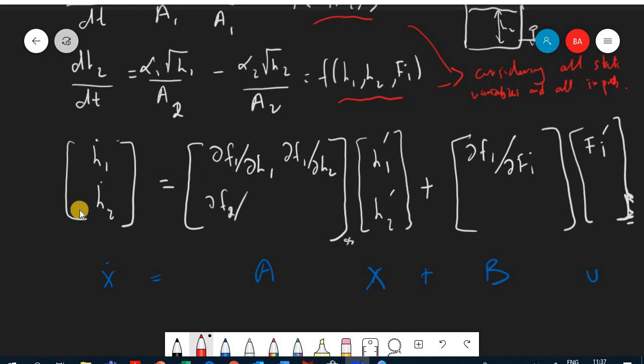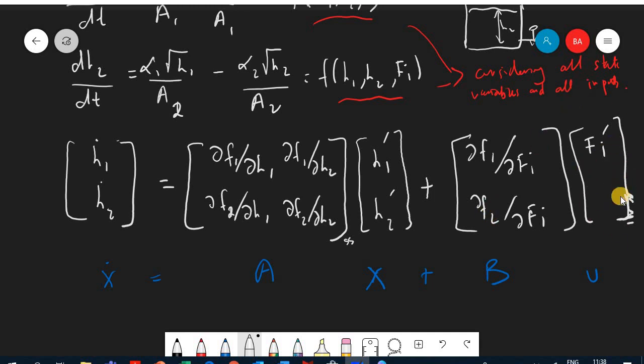So h2 prime is equal to df2 by dh1, okay, and then df2 by dh2, and that is like that, df2 by dh1 into h1 prime plus df2, the second function, by dh2 into h2 prime, plus df2 by dfi into fi prime.